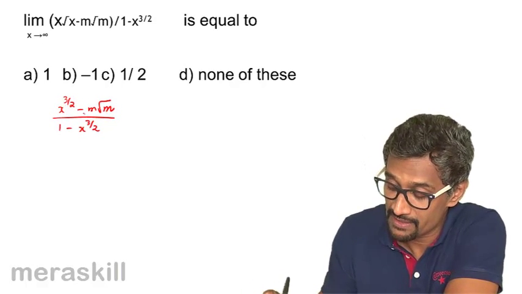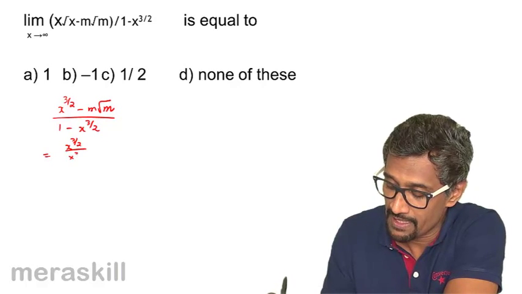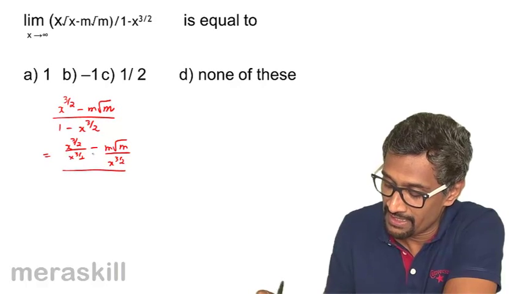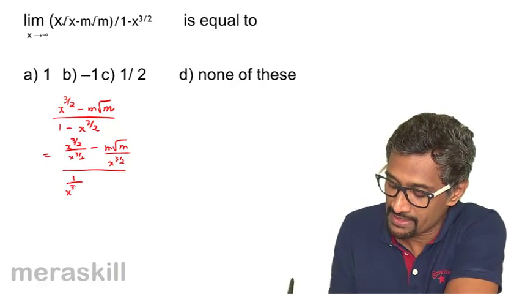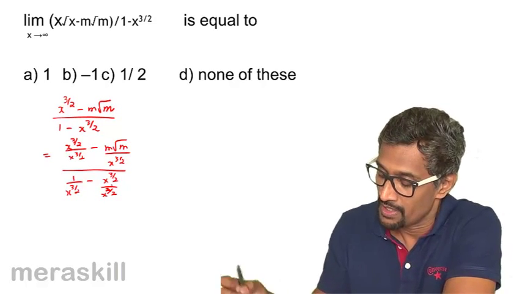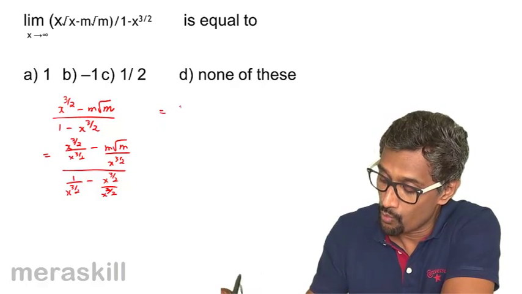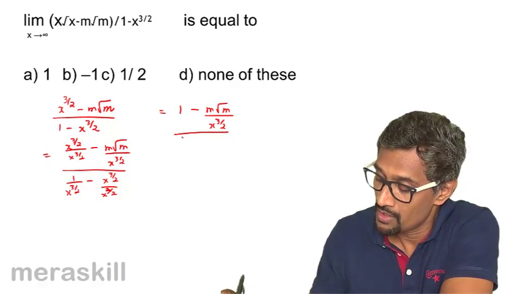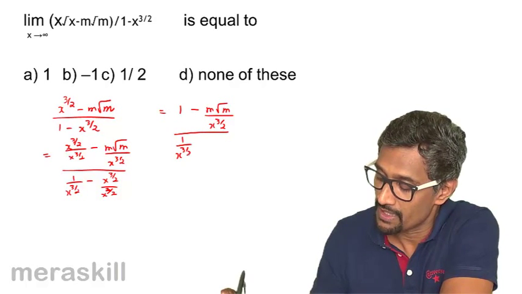So we divide by x^(3/2): x^(3/2) divided by x^(3/2), minus m root m divided by x^(3/2), upon 1 upon x^(3/2) minus x^(3/2) divided by x^(3/2). Now, this will become 1 minus m root m upon x^(3/2), upon 1 upon x^(3/2) minus 1.